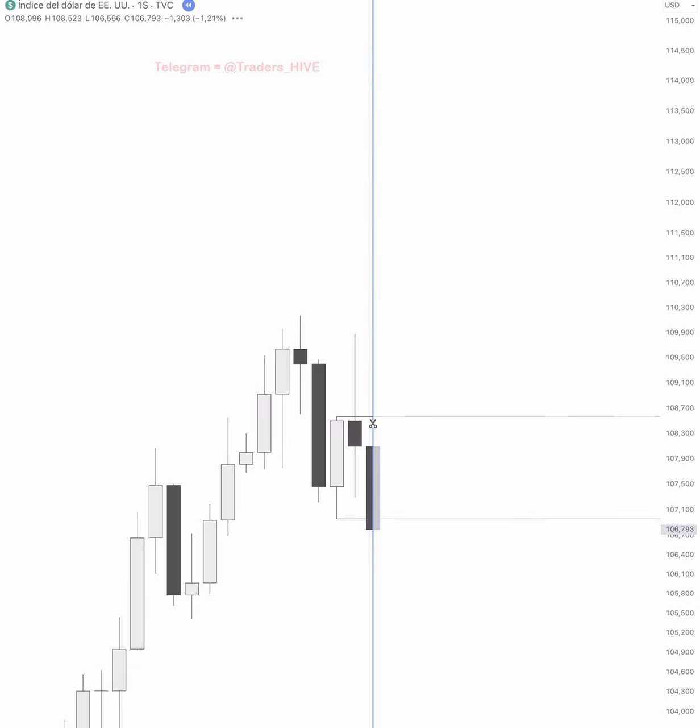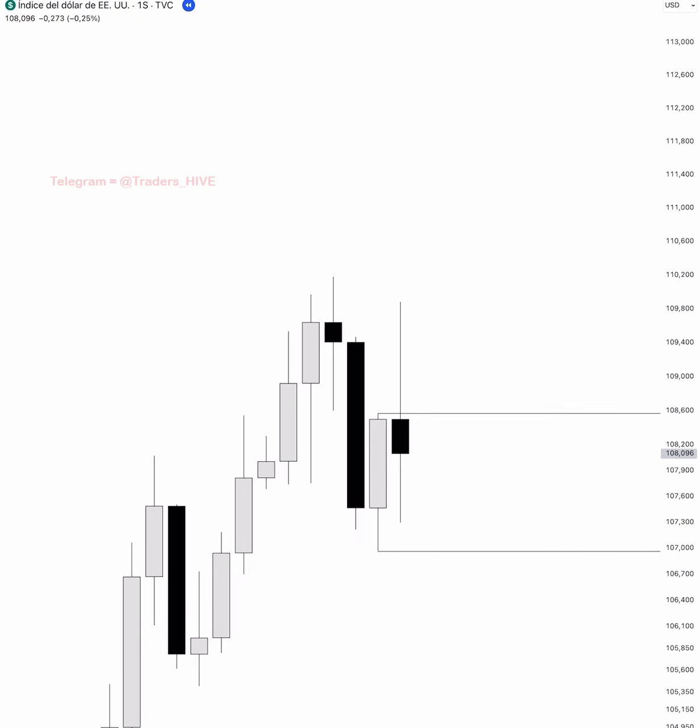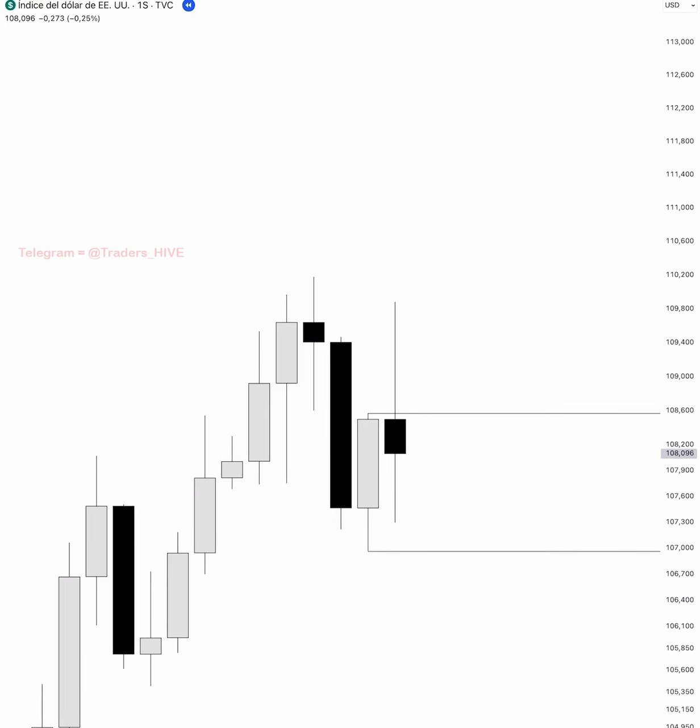And as we know, wick above equals lower prices. Wick above, lower prices; close below, lower prices; and close above, higher prices; wick below, higher prices.